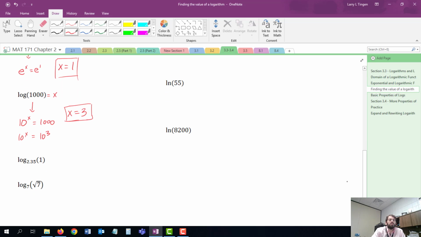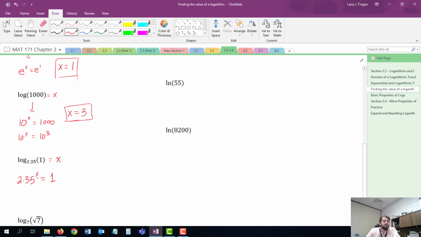And let's do the last two on this side. Log base 2.35 of 1 is equal to x. I have 2.35 raised to the x equals 1. We've not seen this yet. We've talked about it in class before, but we haven't seen this yet, where I have an exponential equal to 1.